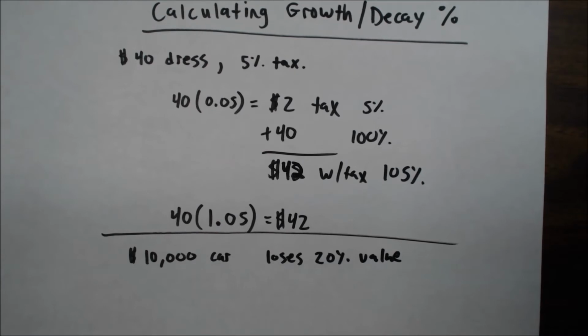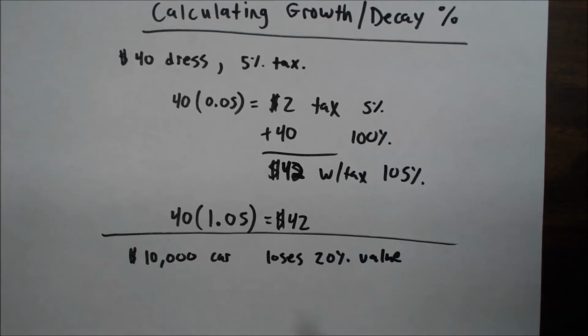How much is that car worth now? A $10,000 car loses 20% of its value. Okay. Some people might look at this and immediately say, oh, well, it's going to be worth $8,000, because intuitively, the numbers are easy. You understand that. But think about what you're doing mathematically.